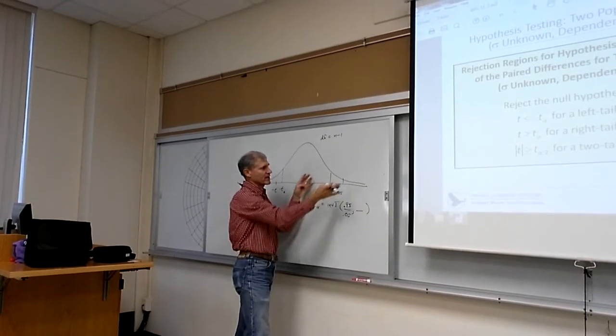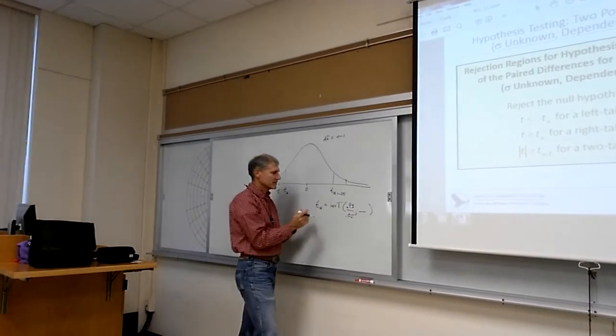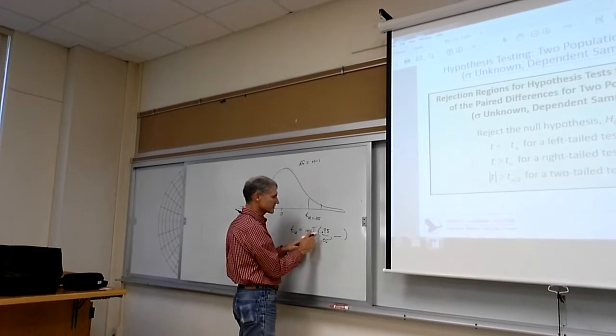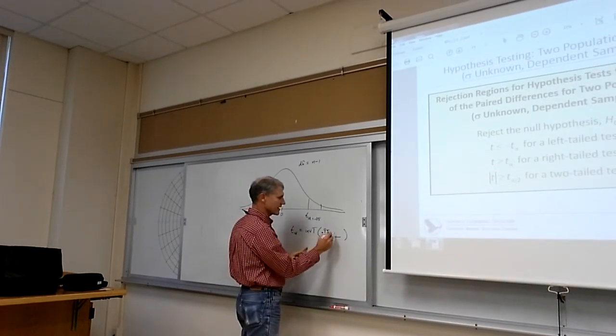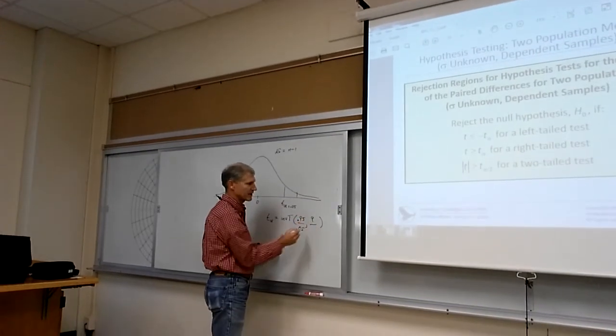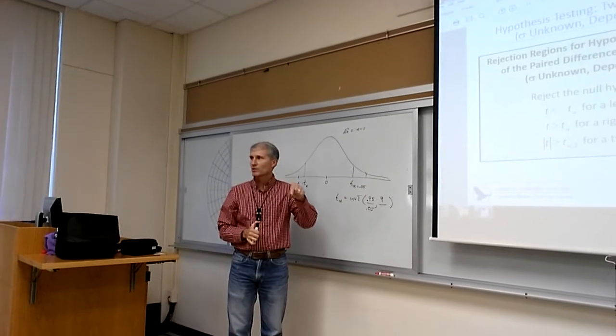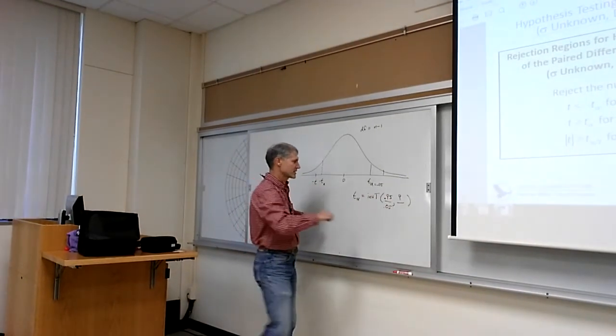And then you just know, well, I'm in the right tail, so I ignore the negative. So inverse T, 0.95 or 0.05, and how many degrees of freedom? 9. We have a sample size of 10. Our degrees of freedom is n minus 1, so it'd be 9. And that gives you what?